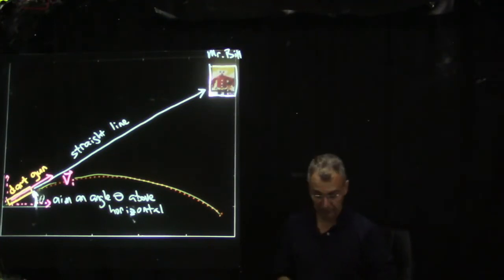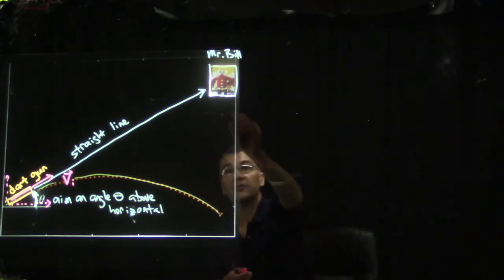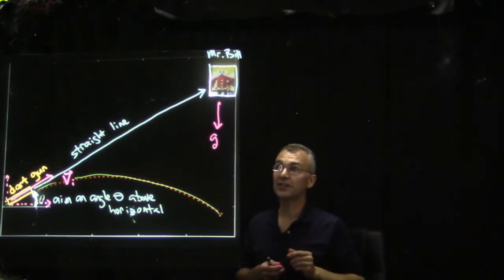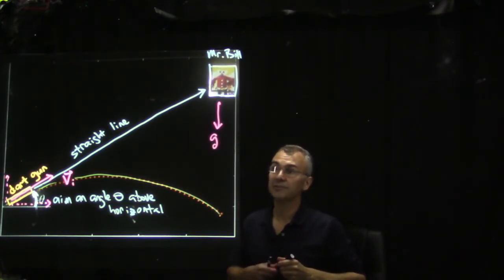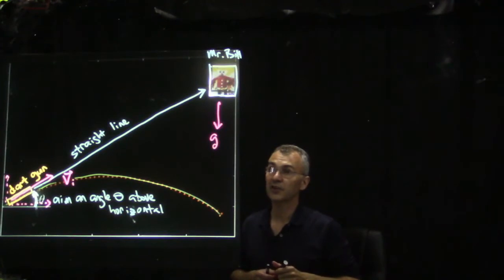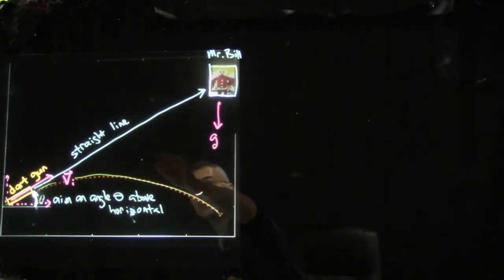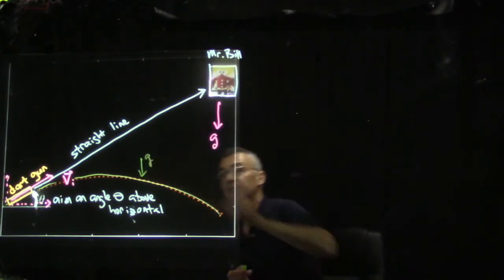And in fact, Mr. Bill is falling downward with a downward acceleration of magnitude g, and the dart is also accelerating downward with a downward acceleration of magnitude g.